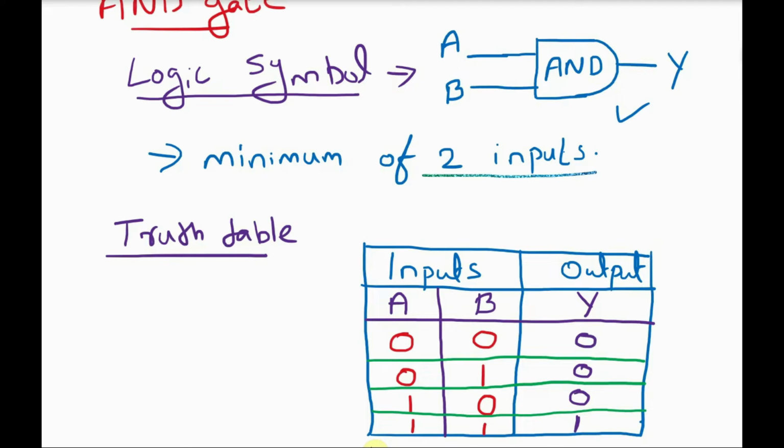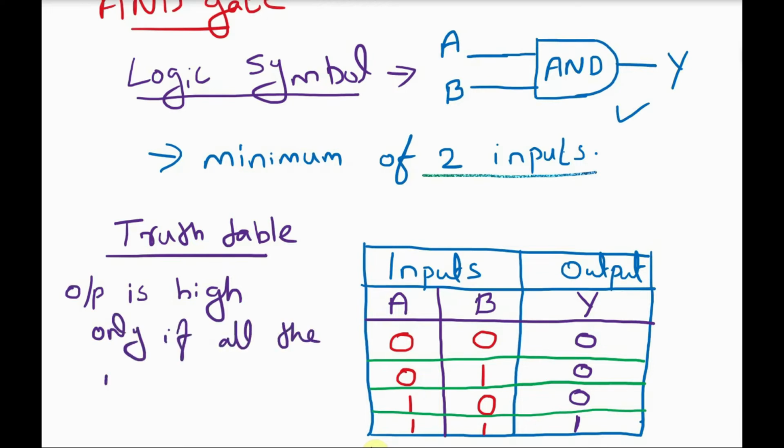The AND operation is similar to Boolean multiplication. That means the output is high in AND operation only if all the inputs are high. Otherwise, 0.